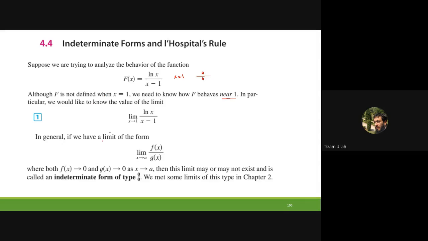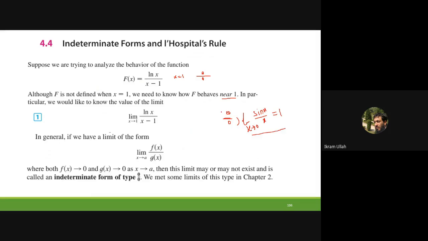In general, we have to find the limit of this function. For this, we cannot use the 0 by 0 form directly. Sometimes we remove the 0 by 0 form by using the theorem that the limit of sin(x) divided by x as x approaches 0 is equal to 1.